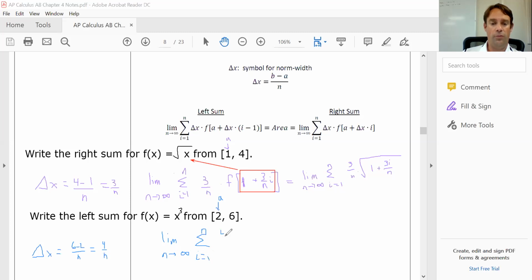My width, 4 over n, times my f of x. So whatever it is, cubed. So now we just have to plug our values in here. So we're going to have our a, our initial value, plus our width, 4 over n, times i minus 1. And we're done. That would be the left sum for this function.